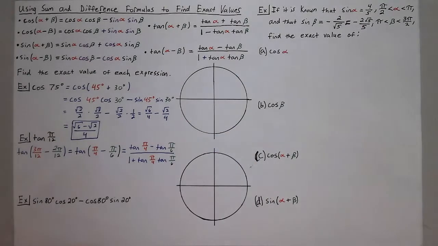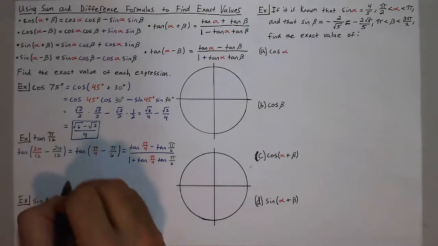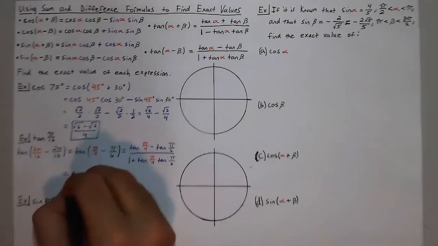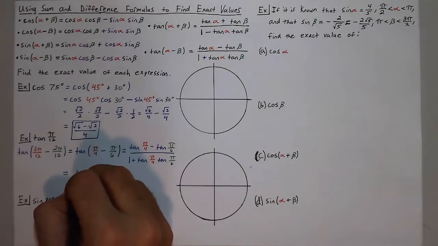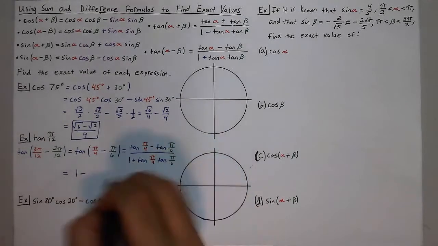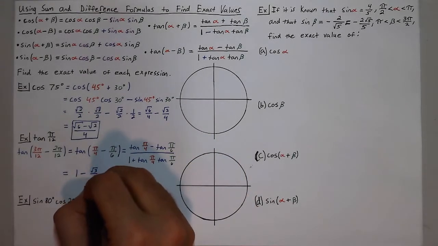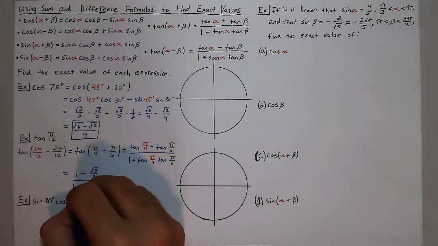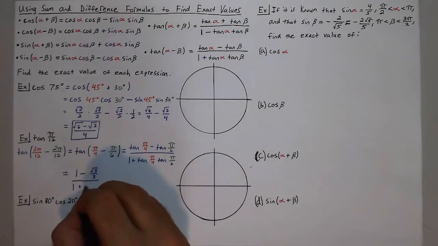Now if I go to evaluate these tangent functions, I get tangent of pi over 4, which is 1, minus tangent of pi over 6, which is the square root of 3 over 3, all over 1 plus those same values multiplied together. So 1 times square root of 3 over 3.